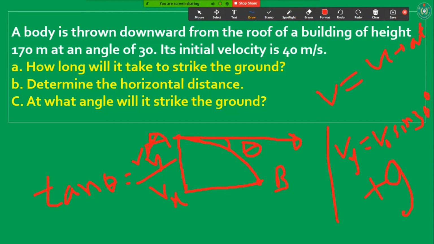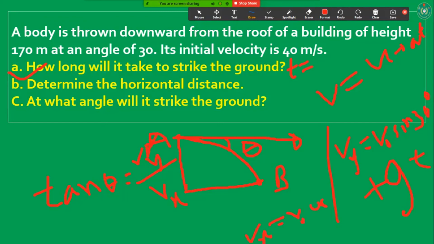And what is t? In our previous calculation, in question A, we have got t. So you put the value of t and you will get Vy.